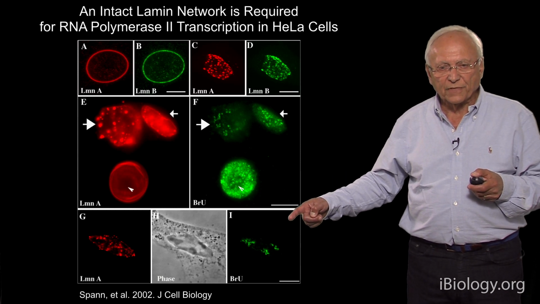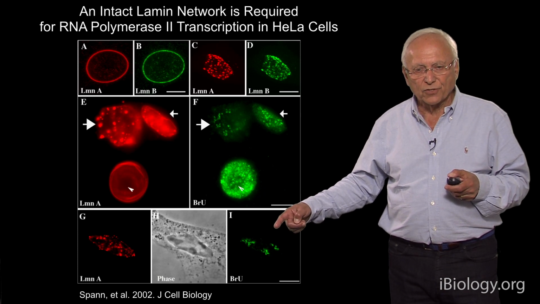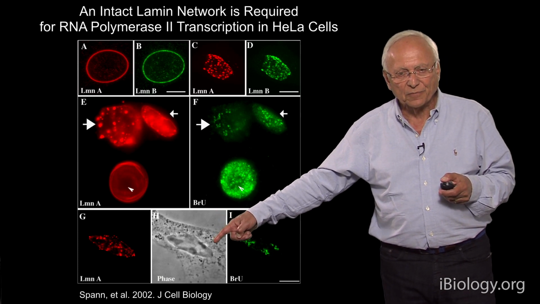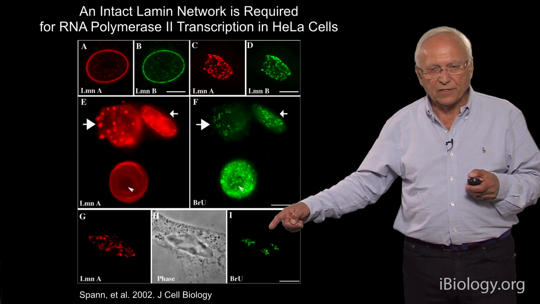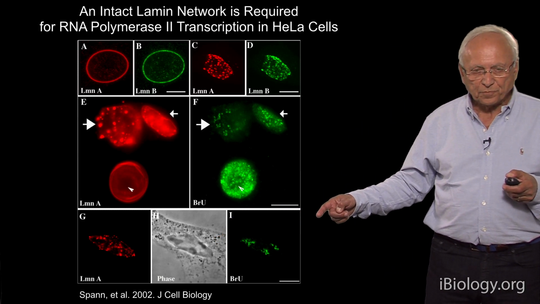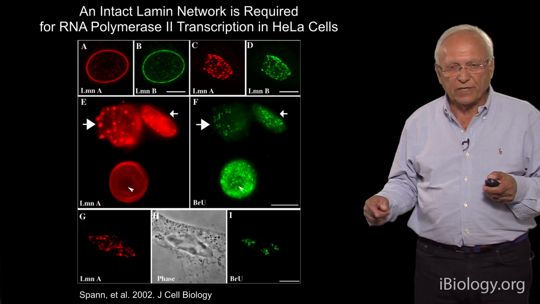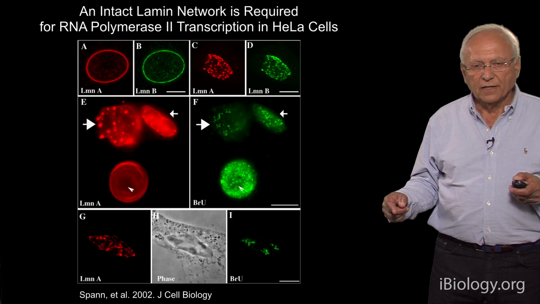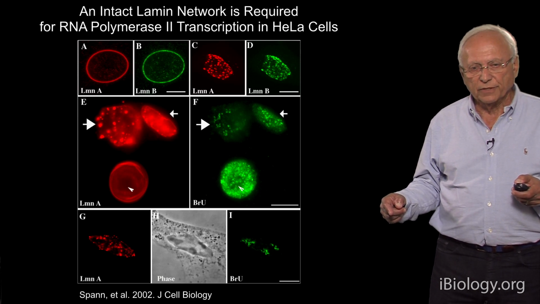And on the bottom, it just shows that there's always residual BrU incorporation. It's always associated with nucleoli, which you can see in the center panel in phase contrast, which indicates that, actually the data show that RNA pol I and pol III are both going on normally. It's only pol II that's inhibited.